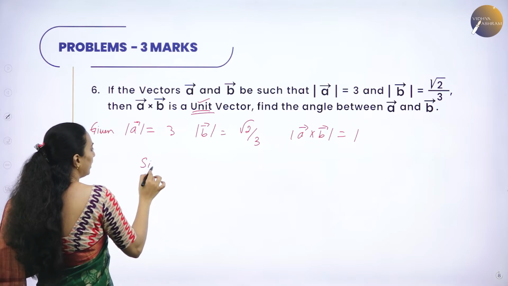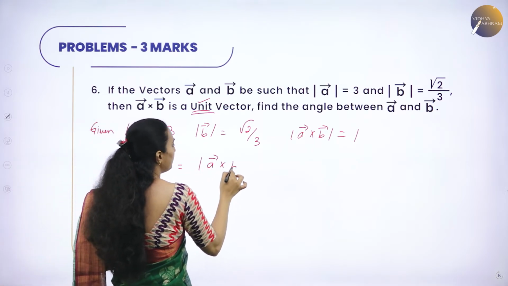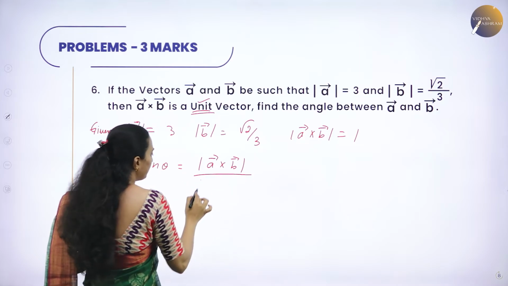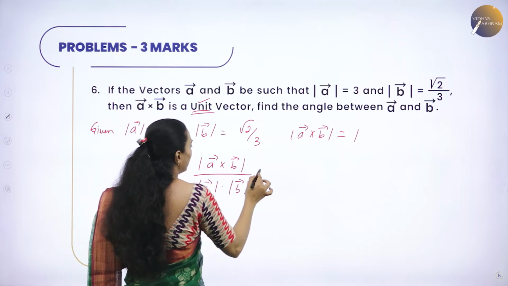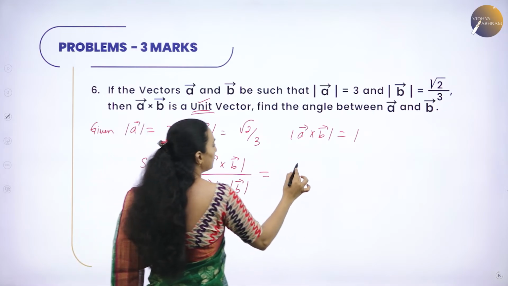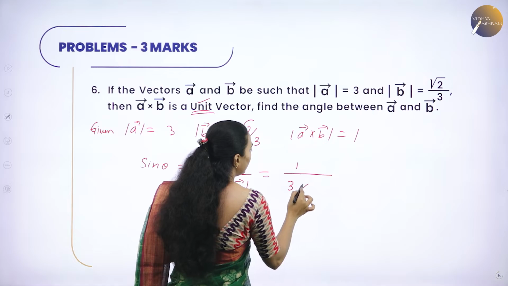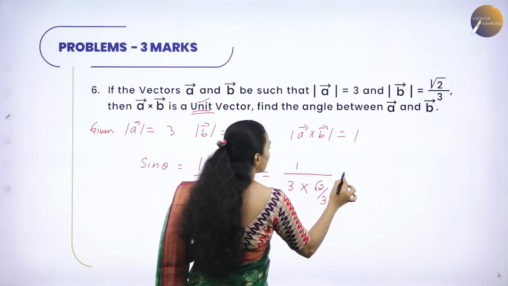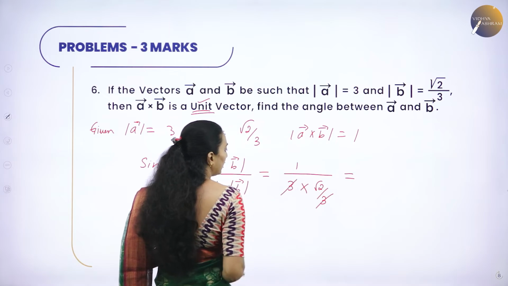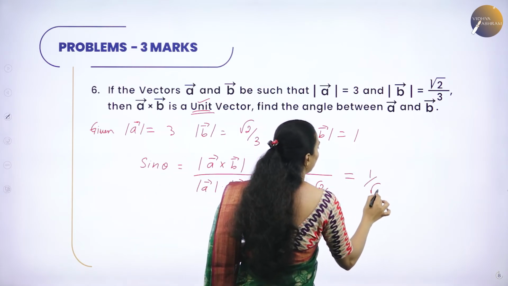So sin theta is equal to magnitude of A vector cross B vector divided by magnitude of A vector into magnitude of B vector. Let us substitute the value. This is 1 divided by 3 into root 2 divided by 3. So the 3 will get cancelled. Sin theta is equal to 1 divided by root 2.